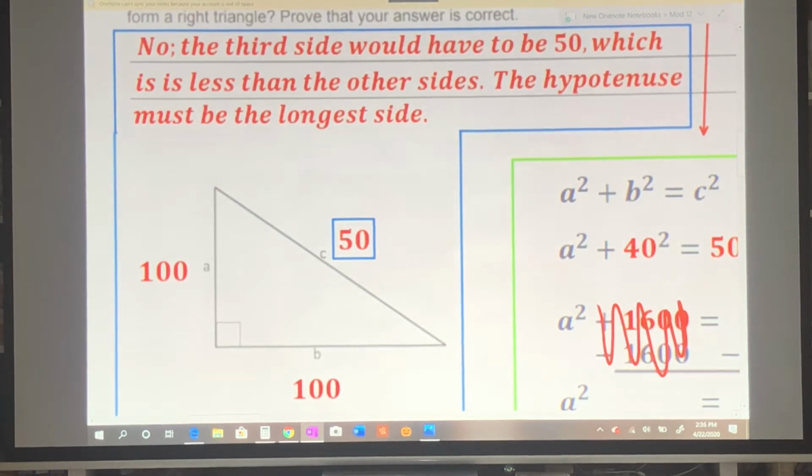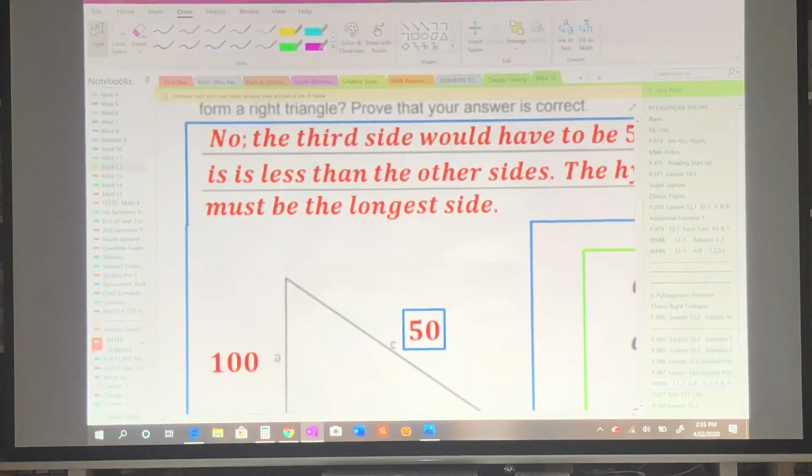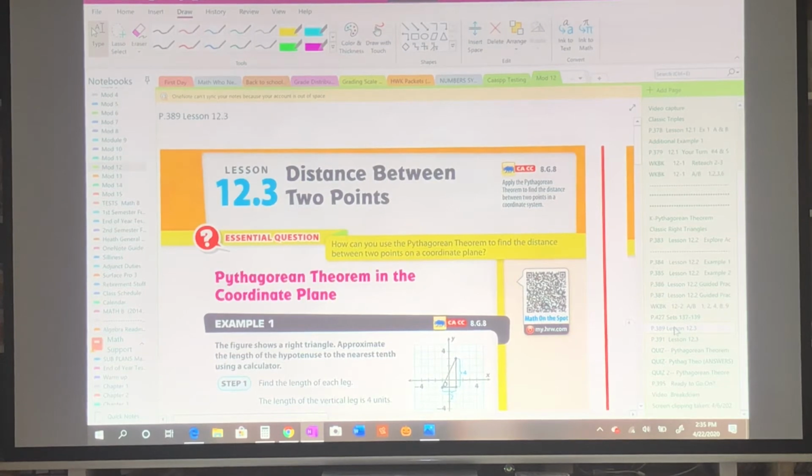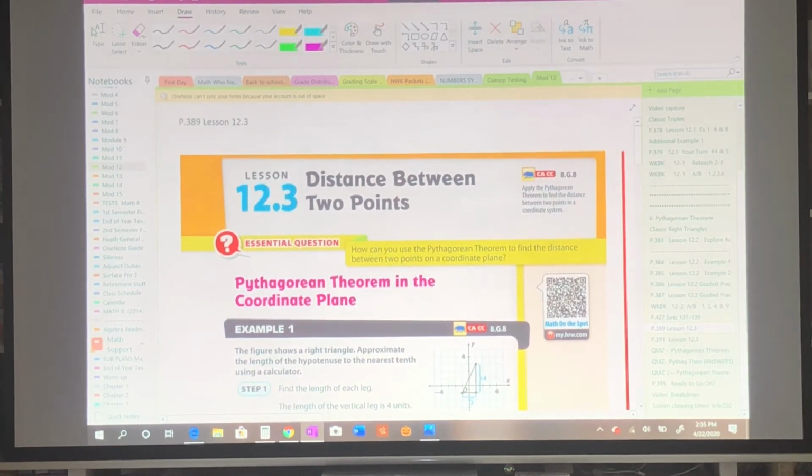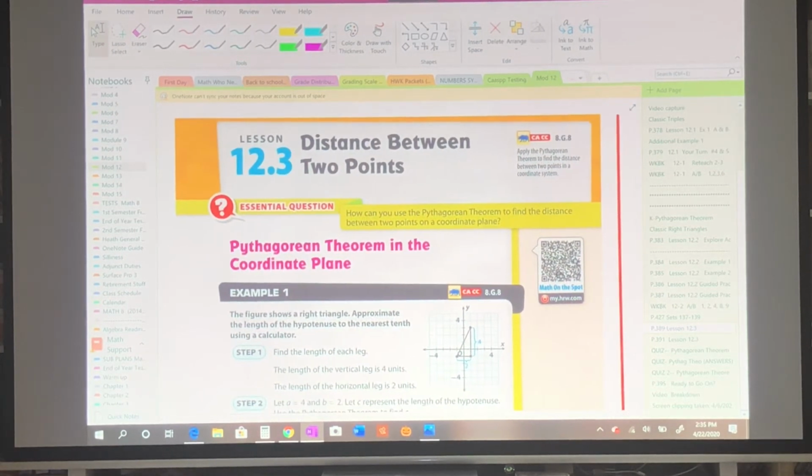Okay, I was debating going over this next section, 12.3, and I think we're going to go over it just for a goof. So we're on page 389. Let's see what's going on here.